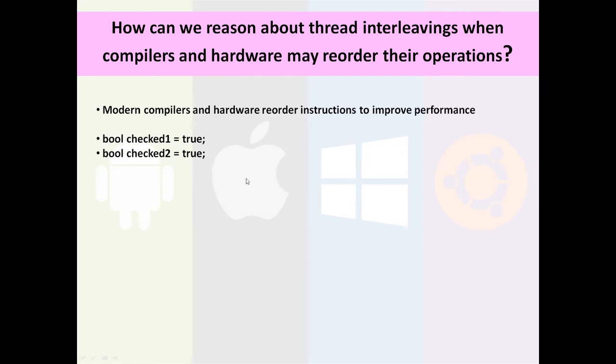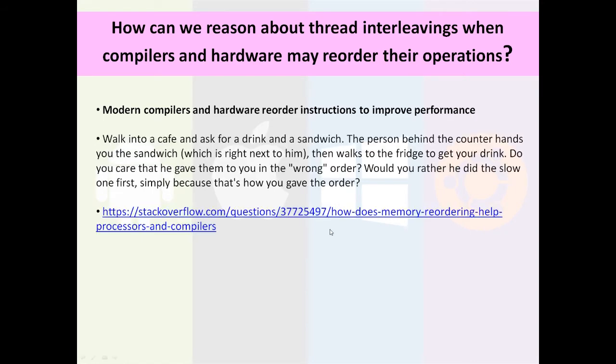Now, I know that sounds very strange. I thought my programs start at the top and end at the bottom, like I've programmed them. When did this reordering occur? Well, an analogy that you can use to understand this is as shown here. We walk into a cafe and you ask for something to drink and a sandwich. So you're asking for both of those items.